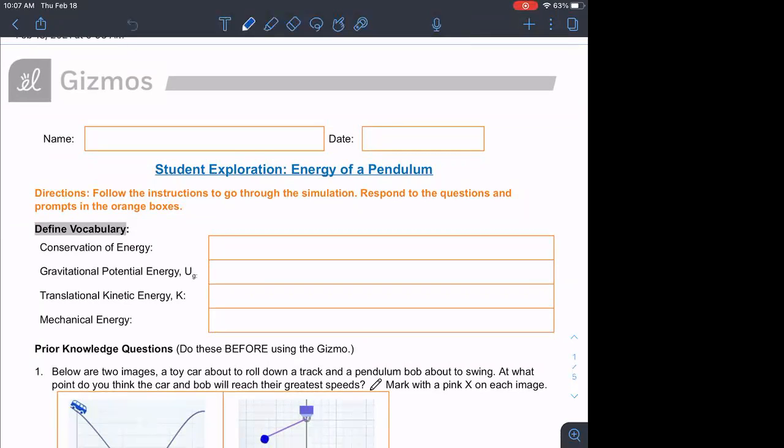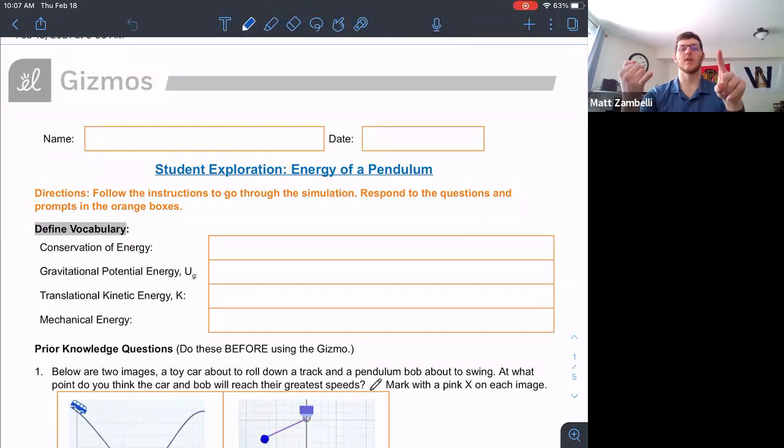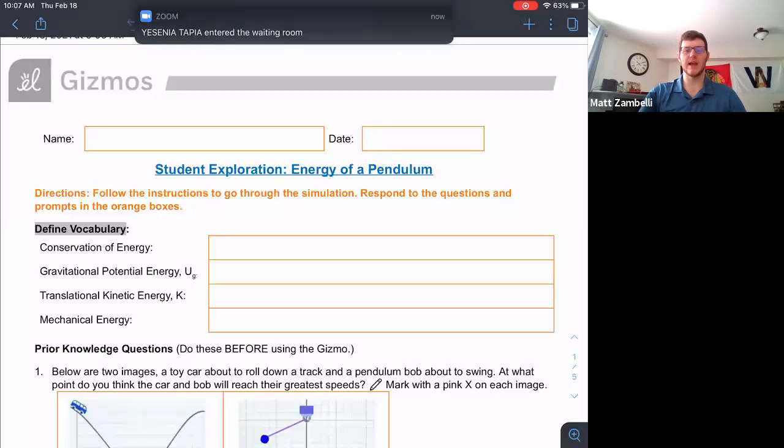And so I want you guys to come up with those definitions, either from your POGIL, maybe you just know the definition, maybe you have to look it up on the internet. Find those 4 definitions for me. Take a couple minutes to do that.